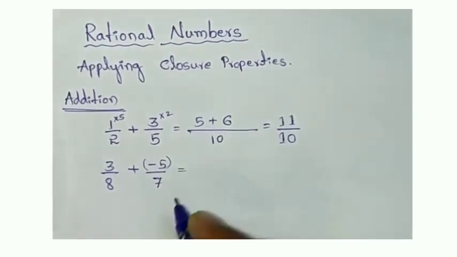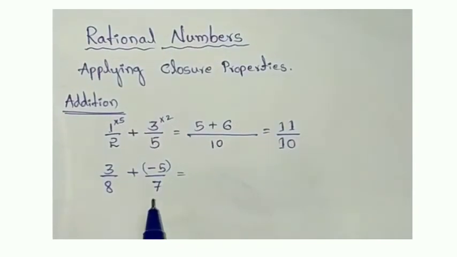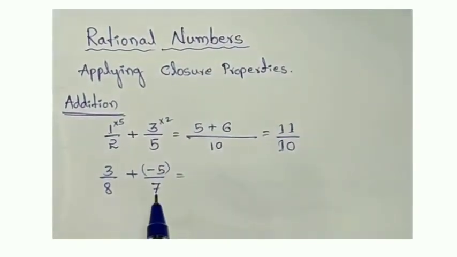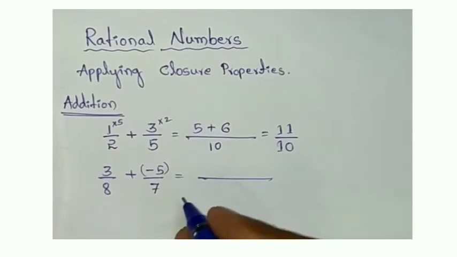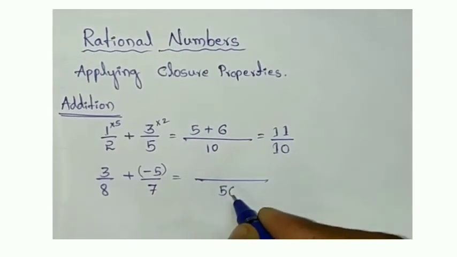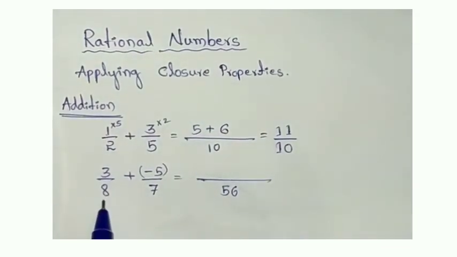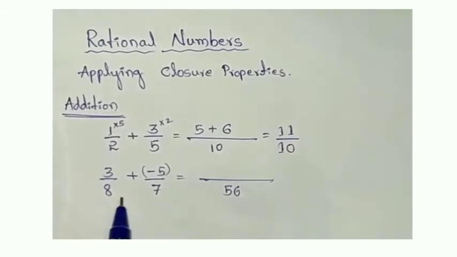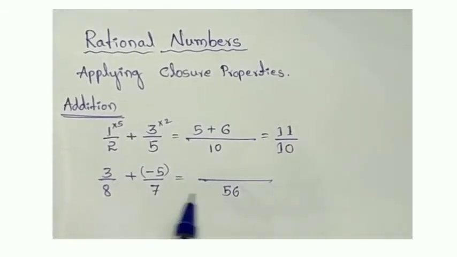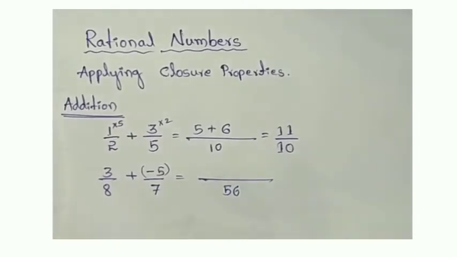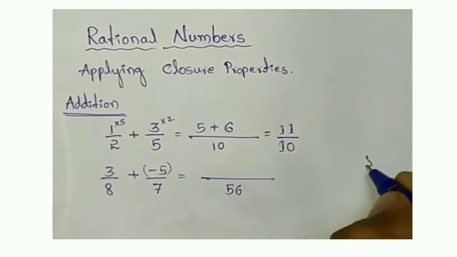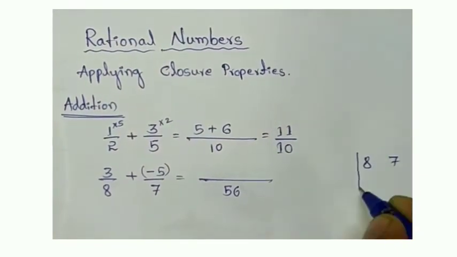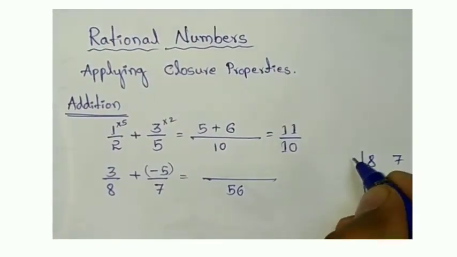So this is given in your textbook. Here 8 and 7 are there, so I will take the LCM, that is 56. Take the bigger number and try to take its tables. In that table, the first number that is common will be your LCM. It is a very shortcut method I am telling. Or else you can go with the normal method also, 8 and 7, making the division rule.